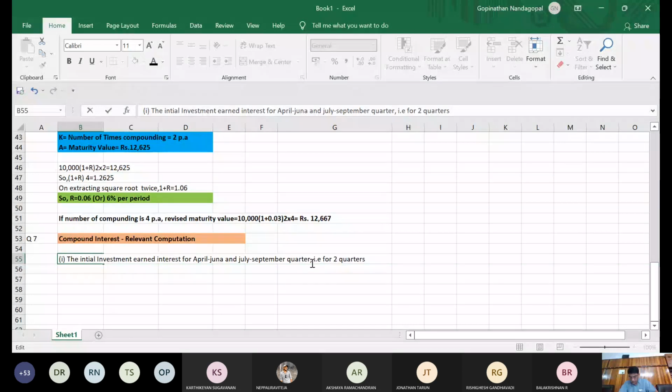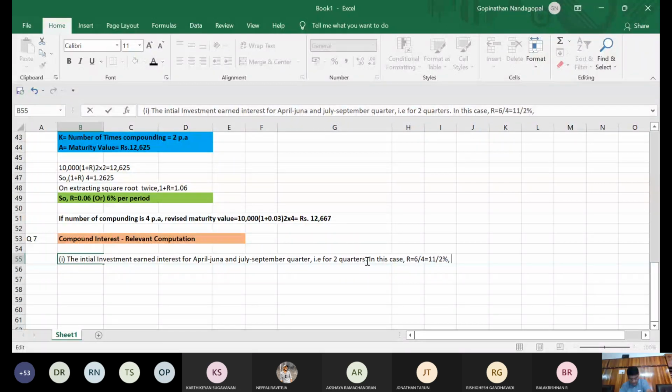Yes, sir. So in this case, R is equal to 6 by 4, which is equal to 1 by 2 percent.